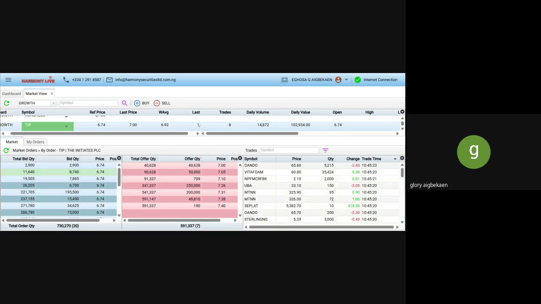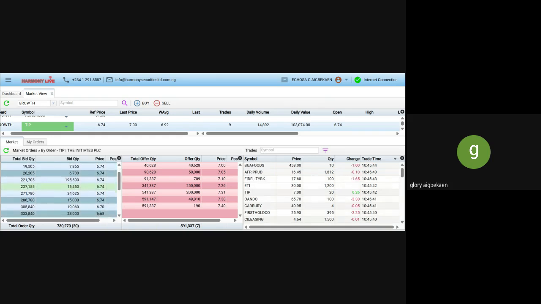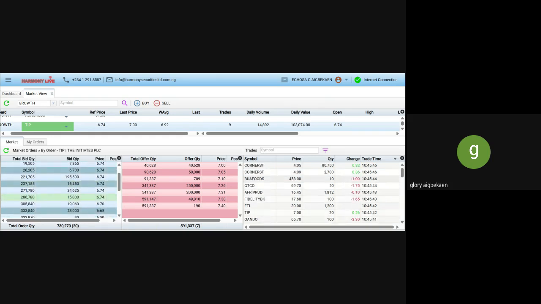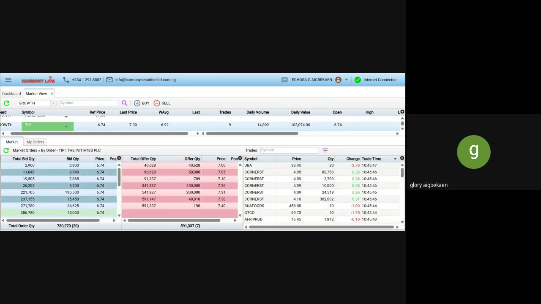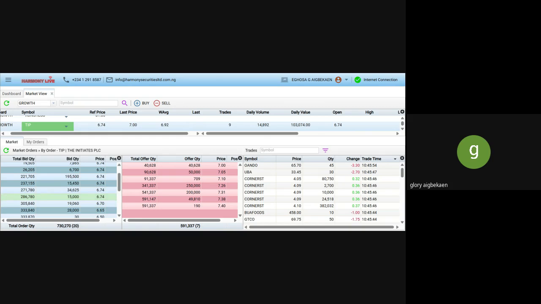The highest bid this morning is 6 naira 74 kobo, and most people are bidding around that price, 6 naira 74 kobo, down to this place.